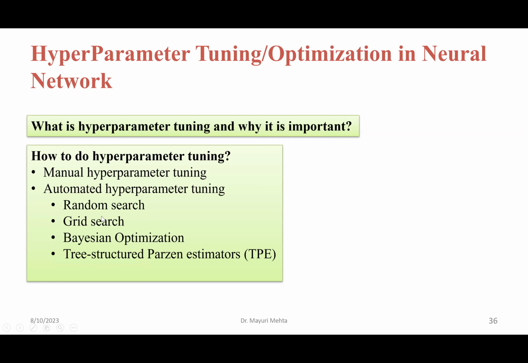So which are those algorithms? These are the popular algorithms: random search, grid search, Bayesian optimization, and tree structured Parzen estimators. I hope those who have learned machine learning might be familiar, but it's okay. Consider this as a revision, because those who are new need to know all these concepts.